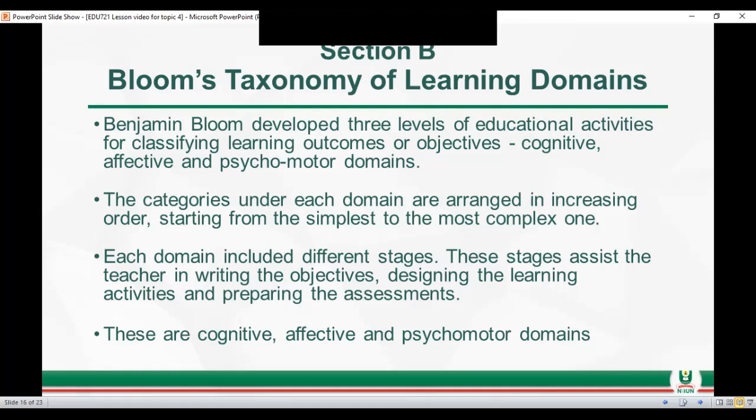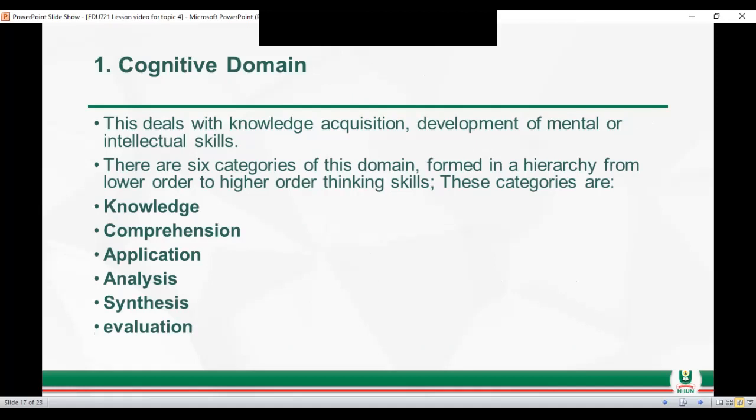So we are going to consider each of these learning domains. We said they are the cognitive, affective, and psychomotor domains. Let's start off with the cognitive domain.